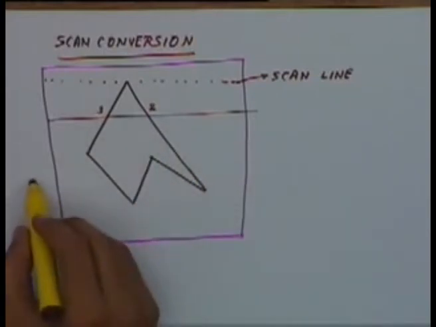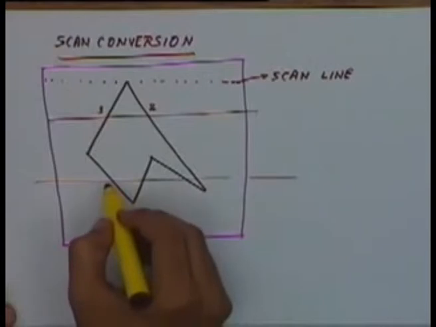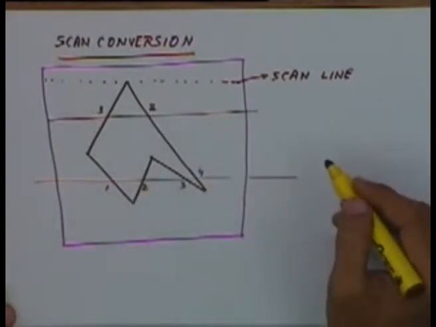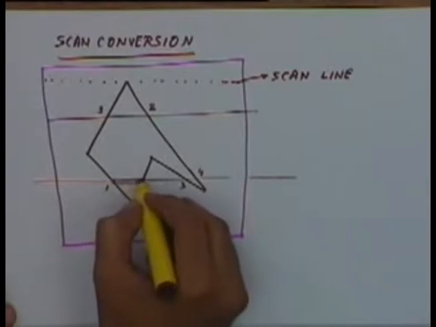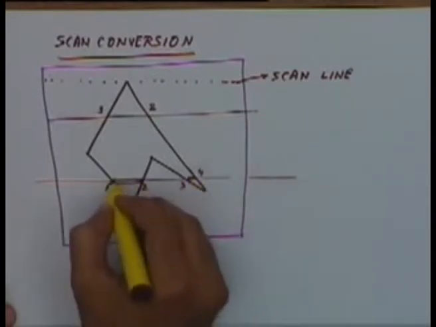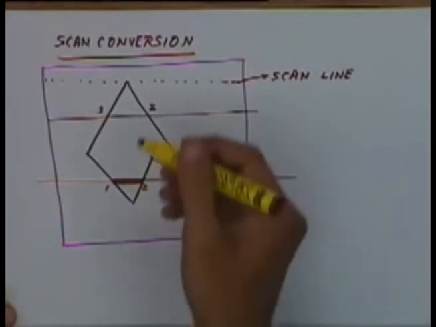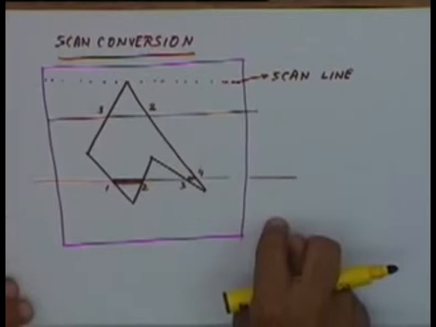If you are talking of a scan line over here, all pixels between 1 and 2 and between 3 and 4 would be displayed. Okay, so often on a single scan line we can have more than one set of pixels being displayed because we are talking of concave polygons.